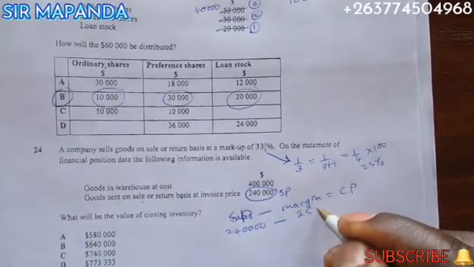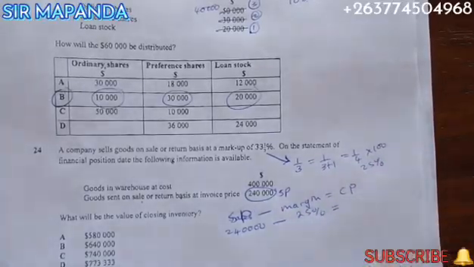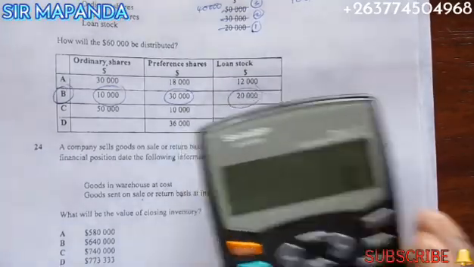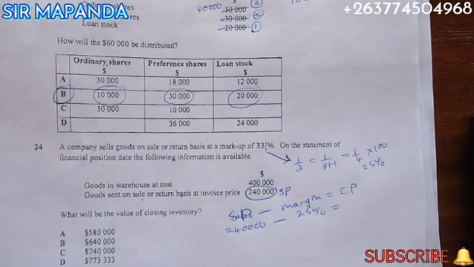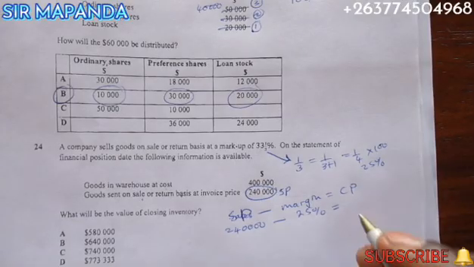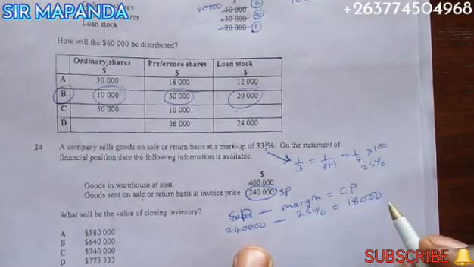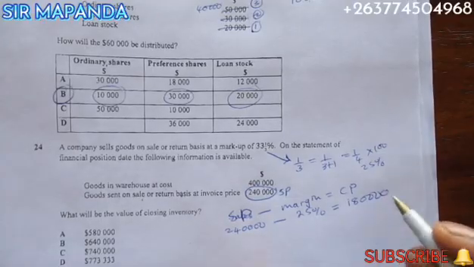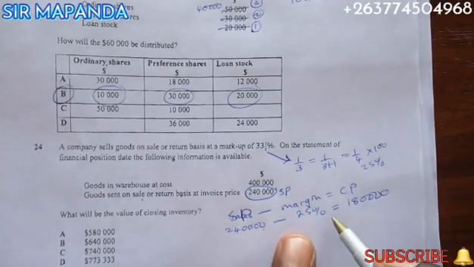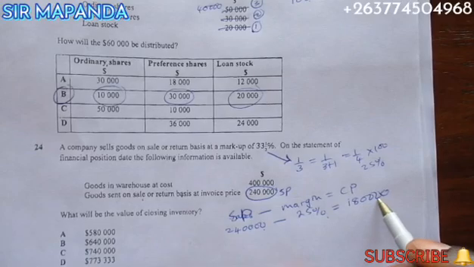So I'm going to less 25% from 240,000 to find the cost price of the goods sent on a sale or return basis. So 240,000 minus 25%, you get 180,000.